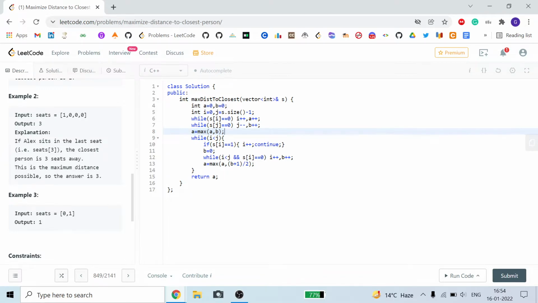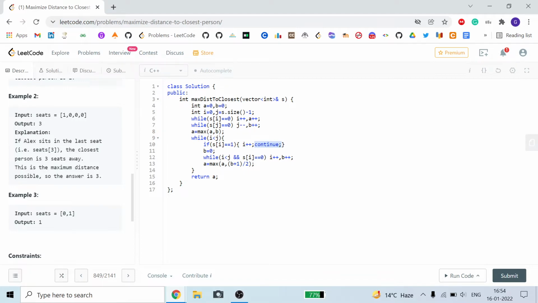And we run a while loop while i is less than j, because j always represents an index that is equal to 1, because we stop the j loop when this condition becomes false. That's why s[j] is always equal to 1. And if s[i] is equal to 1, we just increment i and continue.